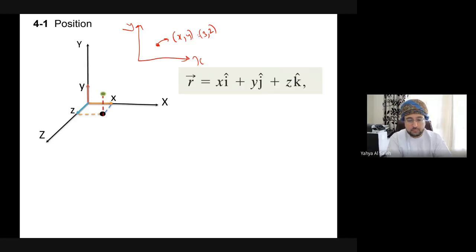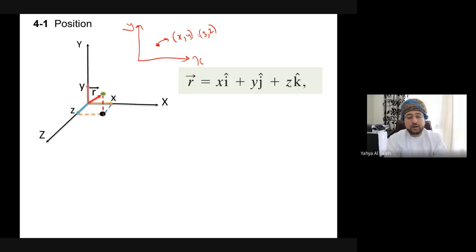So, instead of just giving the position as some number, now we're going to give it a vector that includes x, y, and z, with the i, j, and k unit vectors. You're seeing we are bringing what we did in chapters 2 and 3 together. Chapter 2 was all about vectors, chapter 3 all about just 1 dimension, and now we're bringing them together.